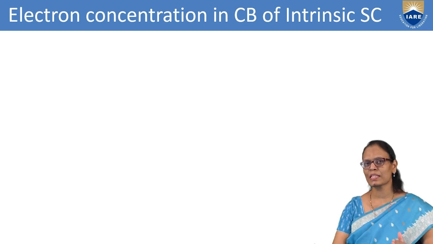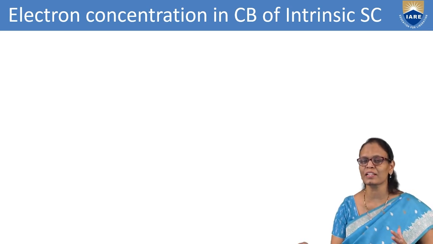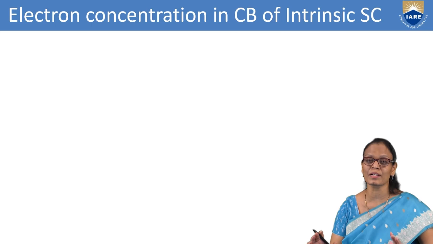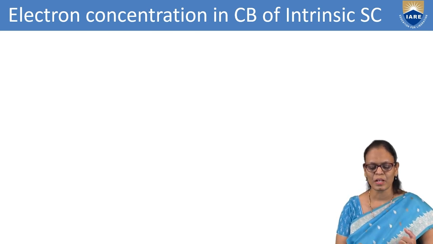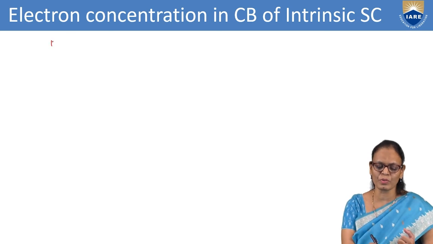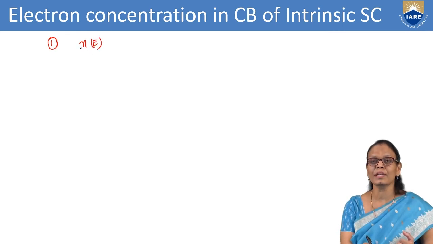If you see the derivation at a stretch, you may find it is very clumsy and difficult to understand. But if you follow definite steps, I will give you some steps on how to understand and do the derivation, then it becomes very easy. The first thing you have to do is define Ne, the concentration of electrons in the conduction band.